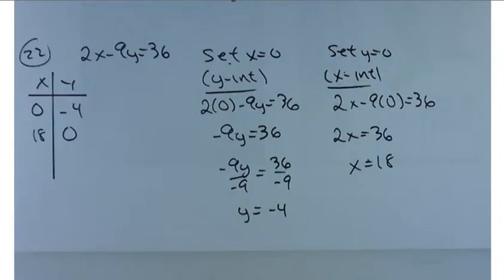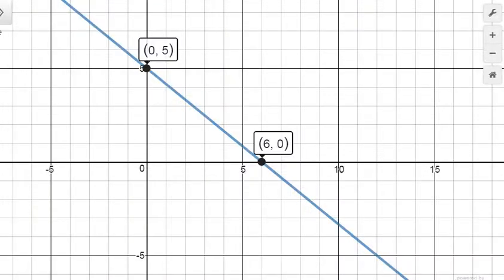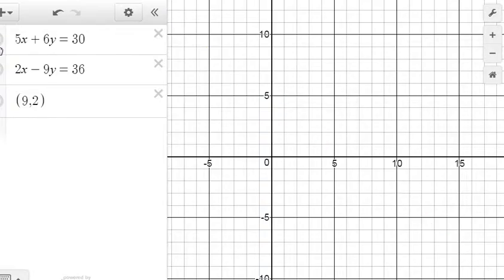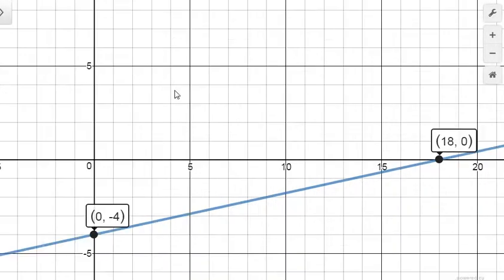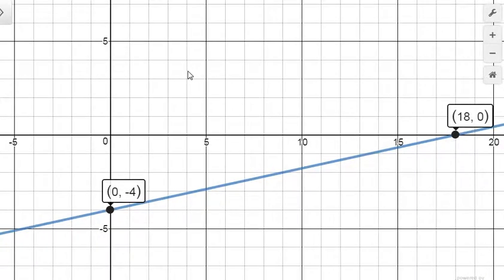So let's take a quick look at that graph. So I'll shut this one off, turn this one on, and you get something like this. So again, it kind of matches what we would expect. Here's your y-intercept, here's your x-intercept. But any point in between should satisfy the equation.